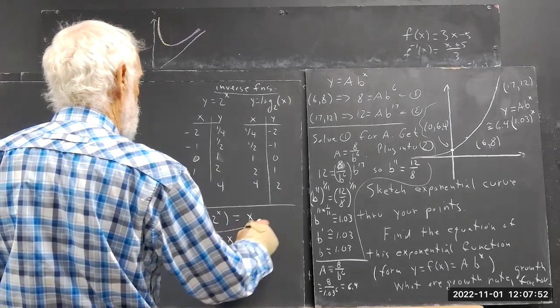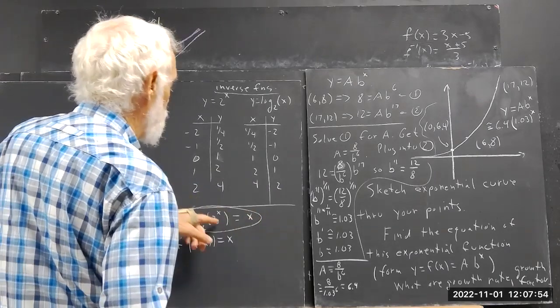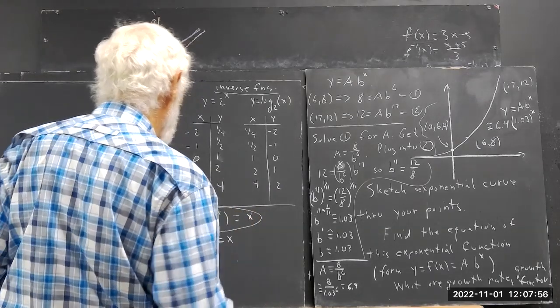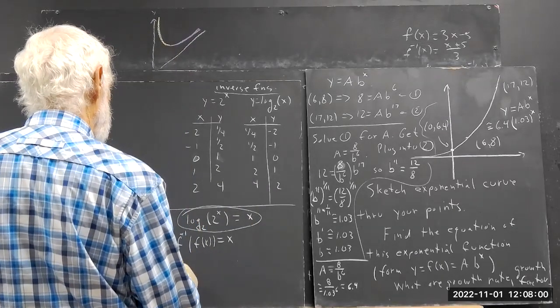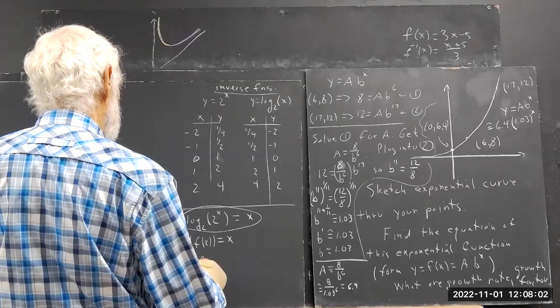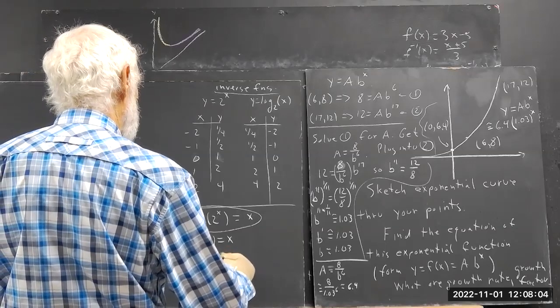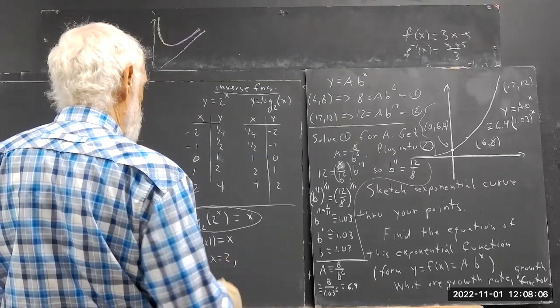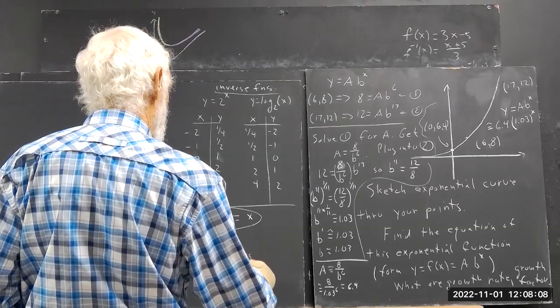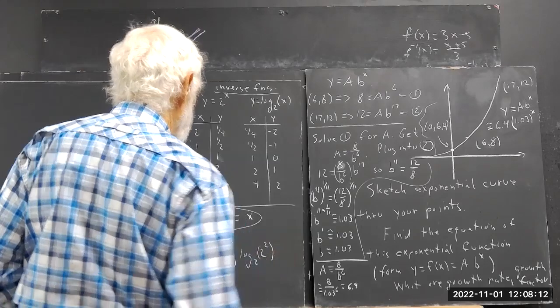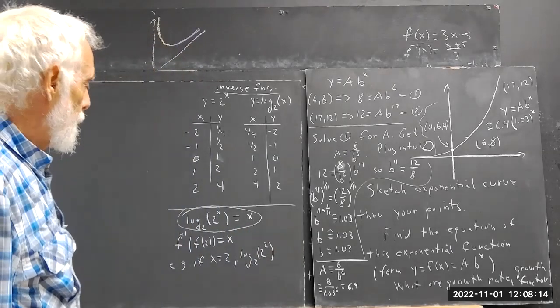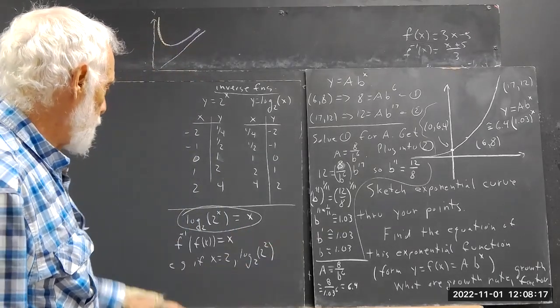So log base 2 of 2 to the x equals x is an instance of this because, for example, if x equals 2, what's log base 2 of 2 squared?